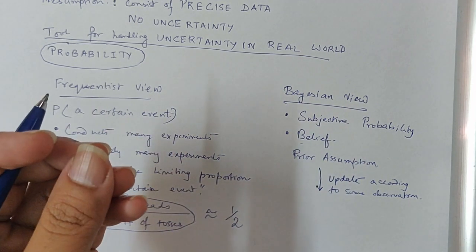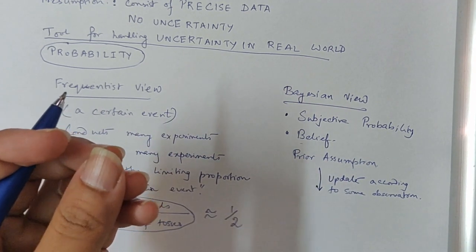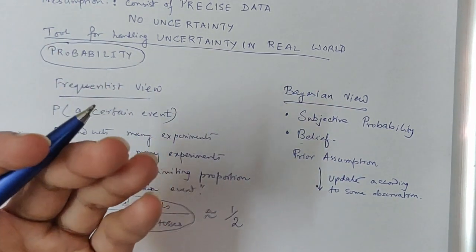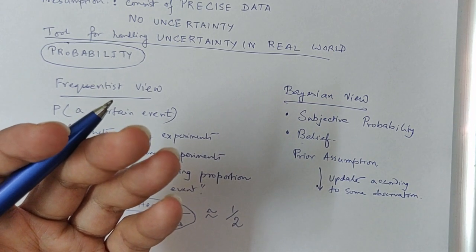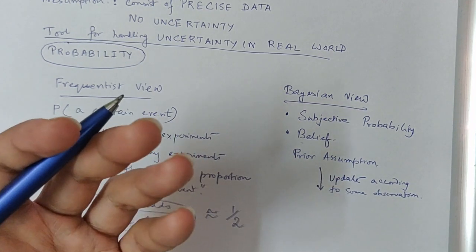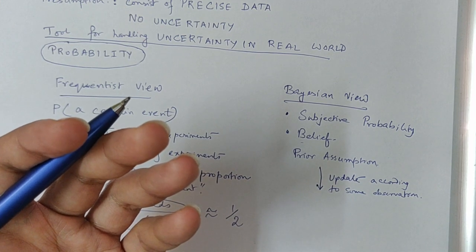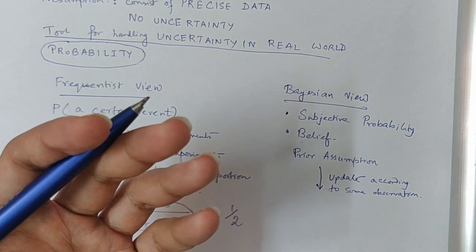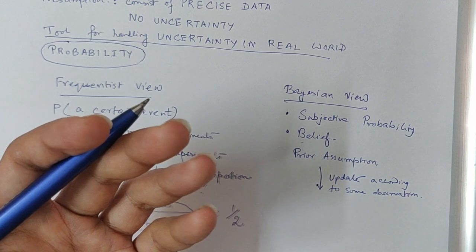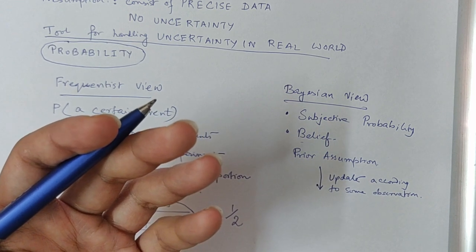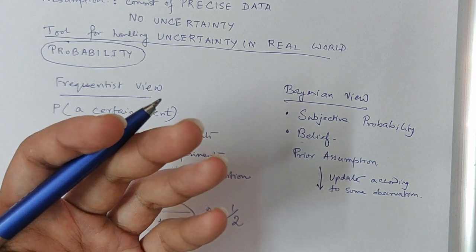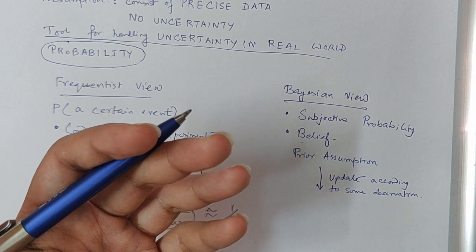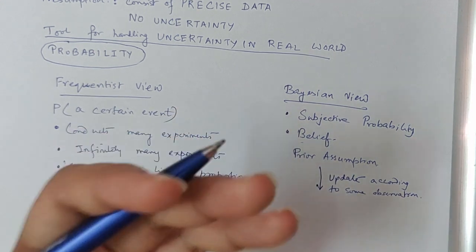So if my belief is very high about party A winning, I give it a probability value of 0.7, and then I suddenly observe that 2 days later there was a procession on the road in which that party's flag was being burned. I suddenly understand that the public sentiment for that party is not very good. So I update my belief. Now my belief that party A will win has changed to 0.4 from 0.7.